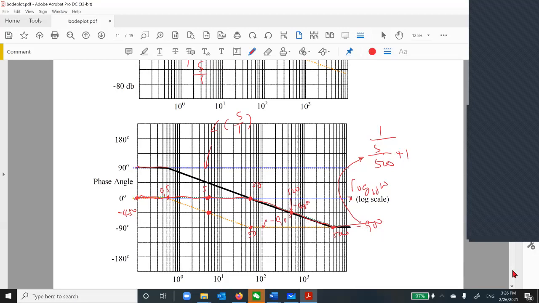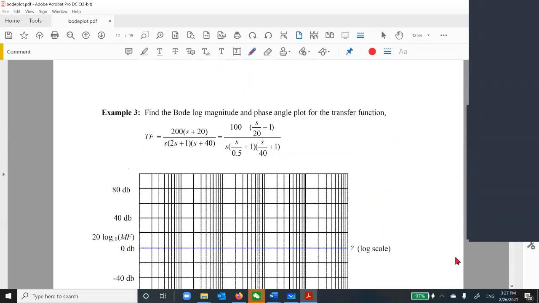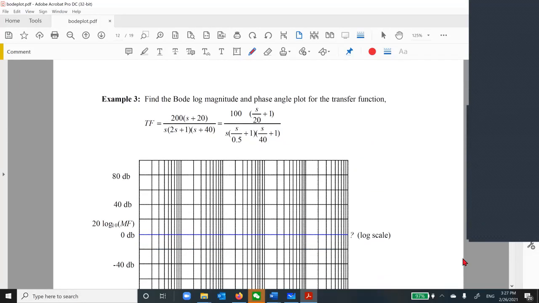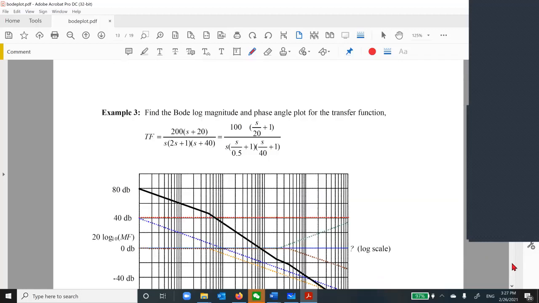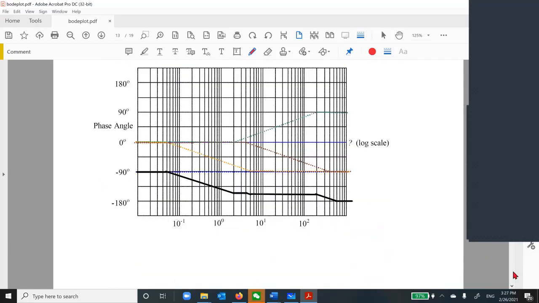Okay, so phase plot, Bode plot. Then we can run another example here, and I guess you can run through this yourself. So this is the magnitude. Then this is the phase.